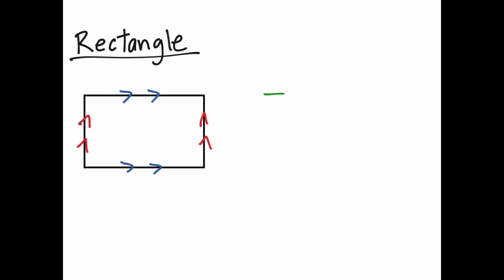So they always are going to have four 90-degree angles. So you can see here that all four of these are L-shaped angles. They are 90-degree angles. So rectangles are always going to have four 90-degree angles.